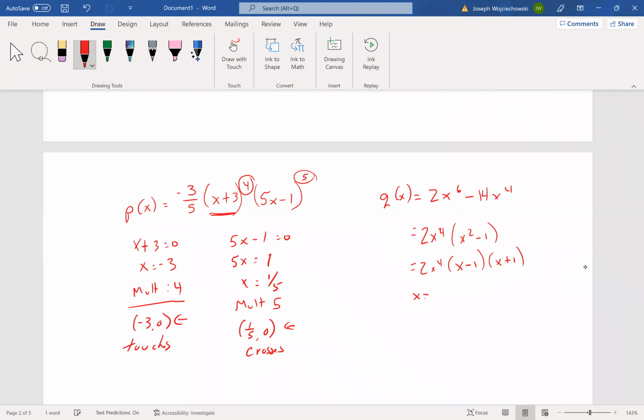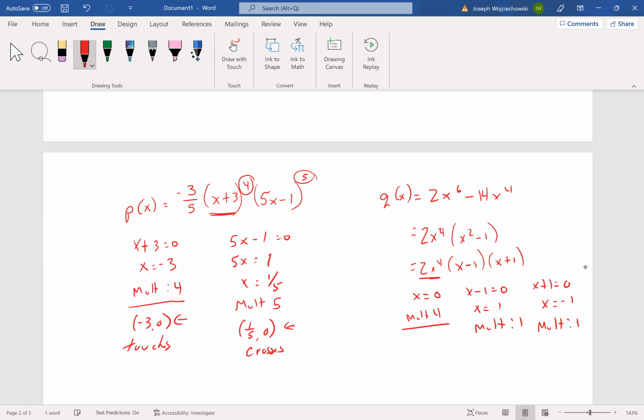So x equals 0, that's this here, right? It has a multiplicity of 4. x minus 1 equals 0, x equals 1 has a multiplicity of 1. And x plus 1 equals 0, x equals negative 1 has a multiplicity of 1 as well.